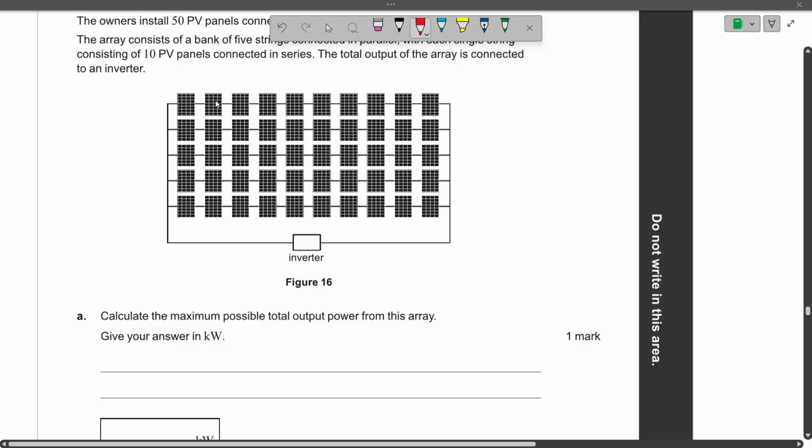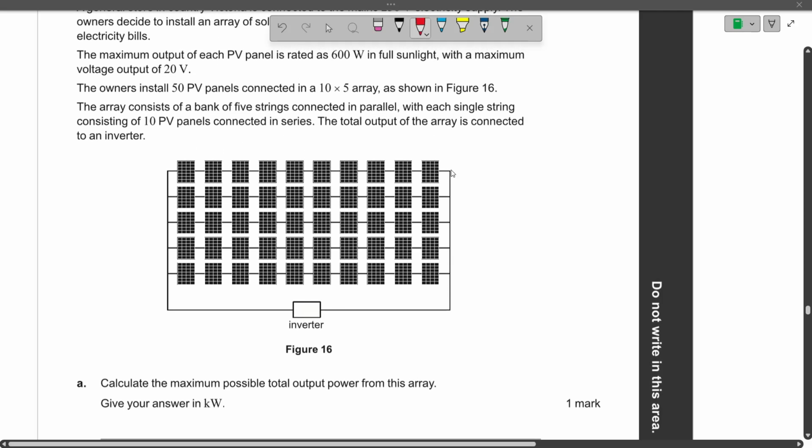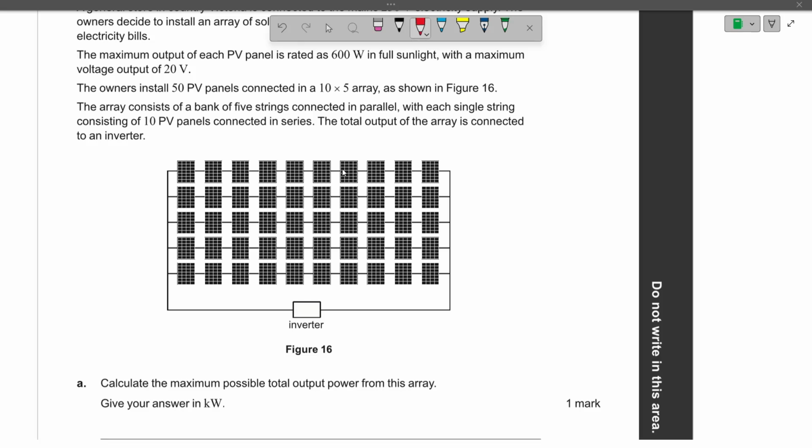It makes sense. You've got 10 panels here producing a bunch of power. When it comes to power, it's additive in circuits. It doesn't have the same rules as series and parallel where you've got to do fractions and stuff. Power is just additive, right? So we've got 50 panels all together. Each one generates 600 watts.